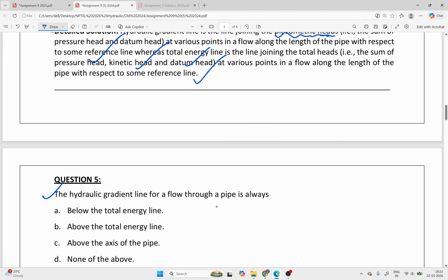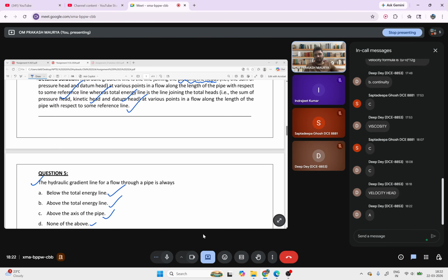For a flow through a pipe, the hydraulic gradient line is always: below the total energy line, above the total energy line, above the axis of the pipe, none of the above. Just please think. Yes, definitely below the total energy line.